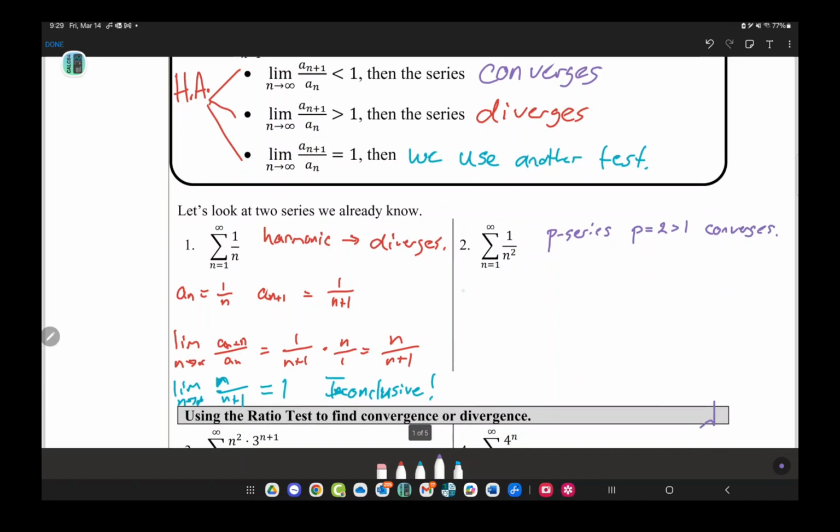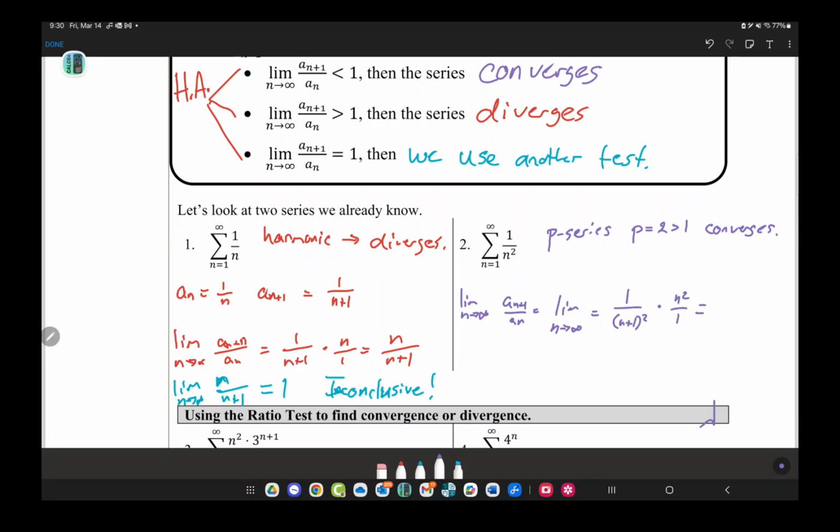So let's take the limit as n goes to infinity of a of n plus 1 over a of n, which gives me the limit as n goes to infinity of 1 over (n plus 1) squared times n squared over 1.